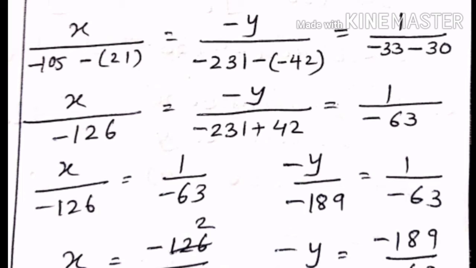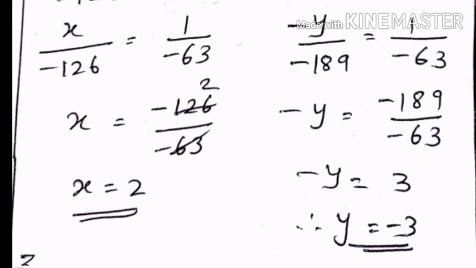Now we compare the first term and the constant term, that is x upon minus 126 equals 1 upon minus 63. Then minus y upon minus 189 is equal to 1 upon minus 63. Likewise you get x is equal to minus 126 upon minus 63, and y also. So we get x is equal to 2, and by solving y we get y is equal to minus 3. This way we find our x and y values, as asked, using the cross multiplication method.